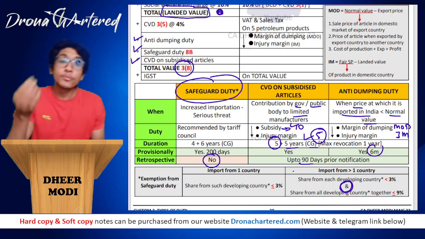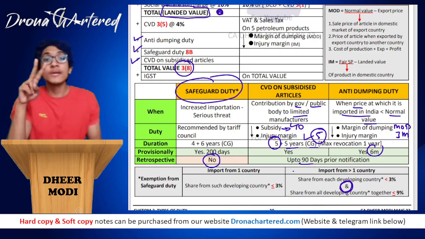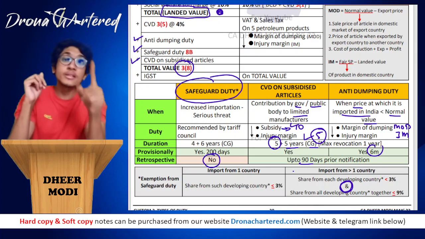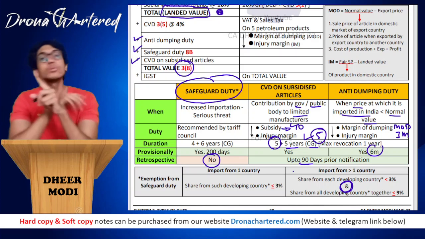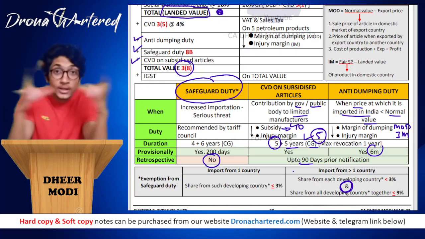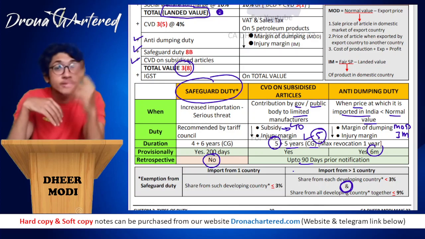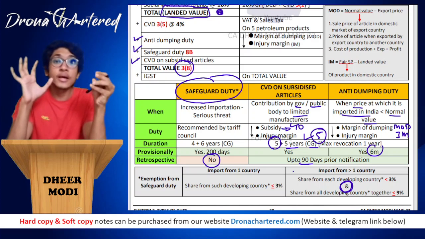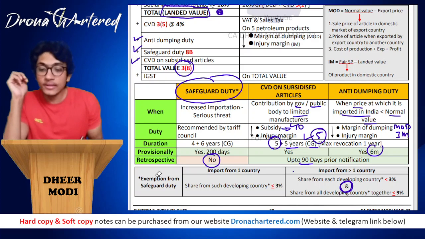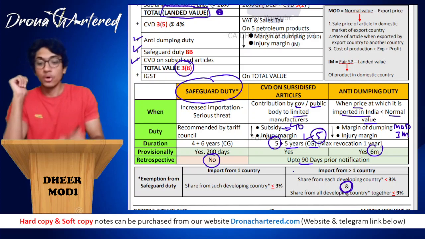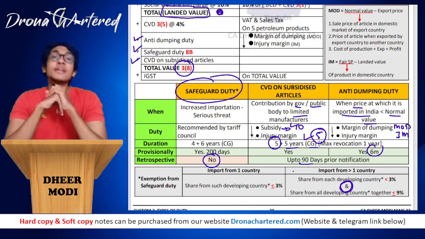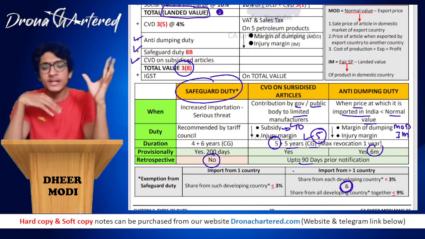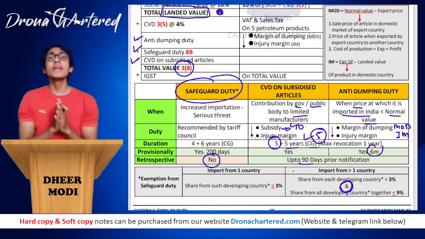Okay, so when you are importing from more than one country, you have to satisfy two conditions. First is the individual country, less than 3%, equal to 3% also not allowed. And all countries together has to be less than or equal to 9%. Okay, if either of these conditions is not satisfied, this exemption will be withdrawn. Okay, and with this, we are done with this chapter, and I'll see you in the next chapter, a baby chapter, that is your classification of import and export goods.